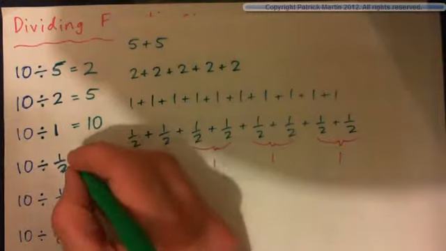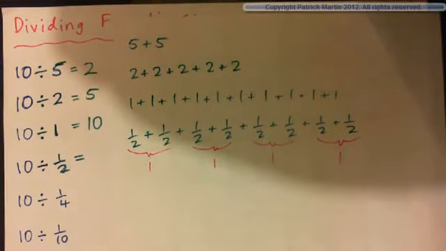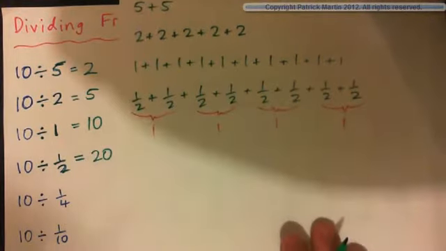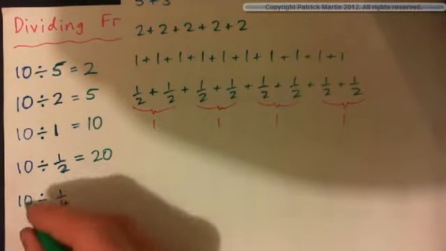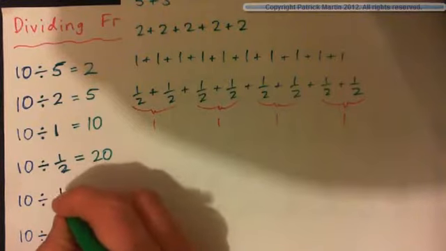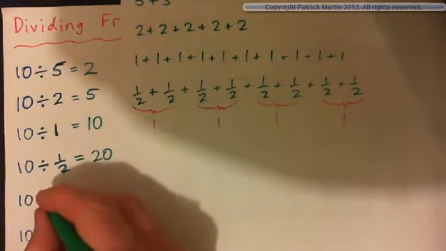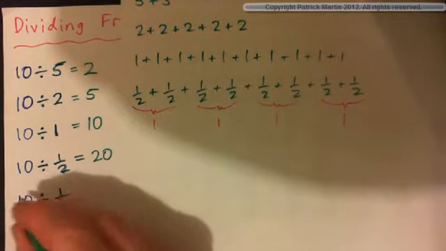So what do you think the answer is? 10 divided by 1/2. Think it's 20? 20 halves? Yep. Good job. If you had $10 and you wanted to change that $10 into quarters, 10 divided by a quarter would say how many quarters are contained in $10?